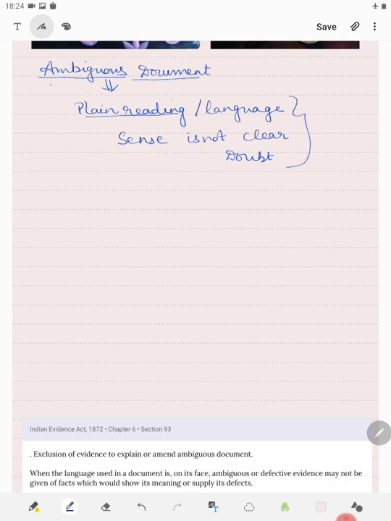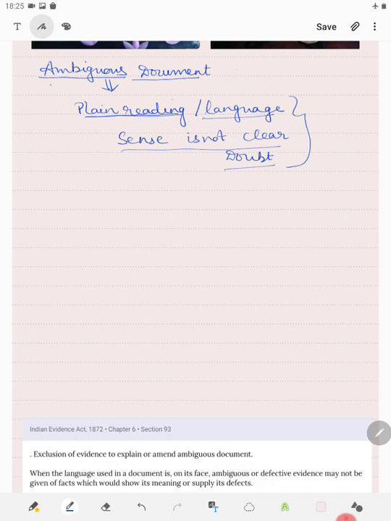So, this is what an ambiguous document is. A document which on giving a plain reading to it, the sense is not clear. The language is such that it creates doubt.